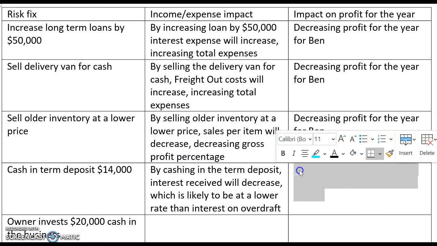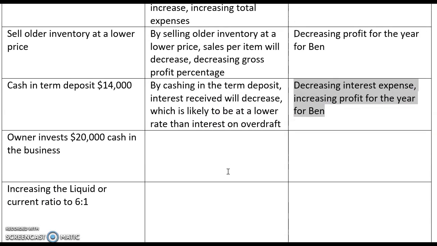Instead of decreasing profit, this will decrease the interest expense more than it decreases the interest on that term deposit, so that will actually increase Ben's profit. However, you've got to realise that Ben obviously had that term deposit for a reason. He might have been saving up for something, and it may mean that he can no longer afford that.